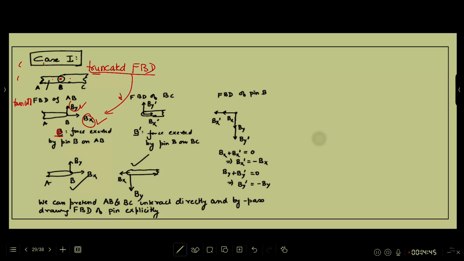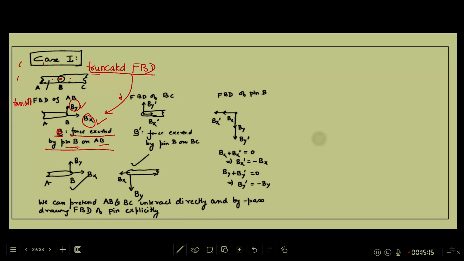Have this clarity. B is the force vector exerted by pin on AB, not by member BC on AB, because I am saying member BC does not interact with AB directly. So there is no force coming from BC on AB. The only force that comes on AB is because of the pin B, and that pin is exerting force vector B, components Bx and By.